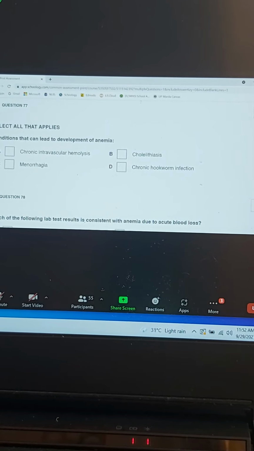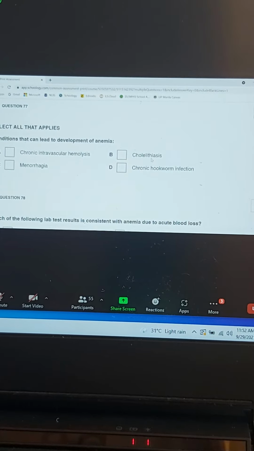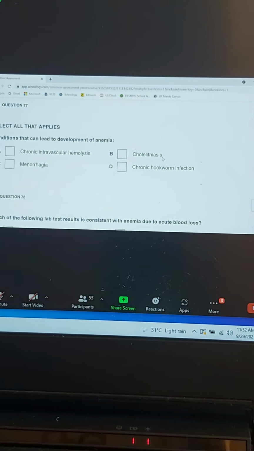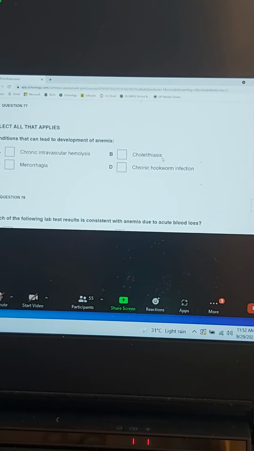Yes, kasi di ba nasisira prematurely ang red blood cells, kaya anemia. How about cholelithiasis? Do you know what cholelithiasis is? Gallstones, that's right. Ang gallstones ba nagkakos ng anemia? Yes.